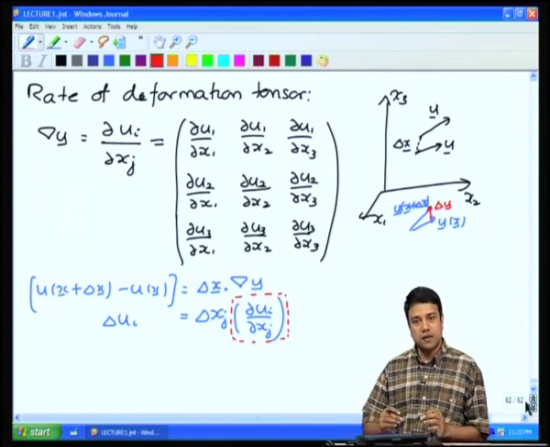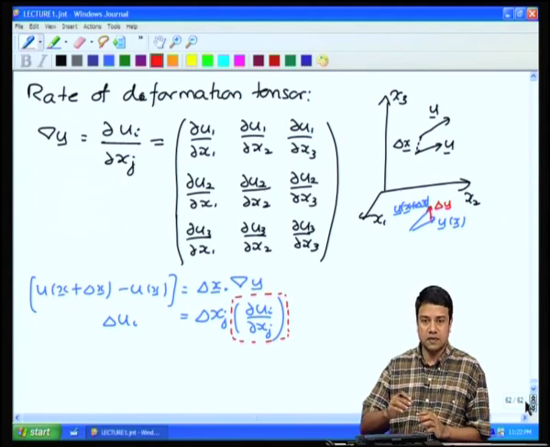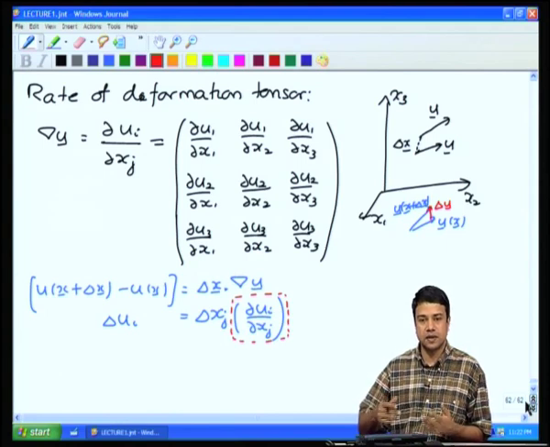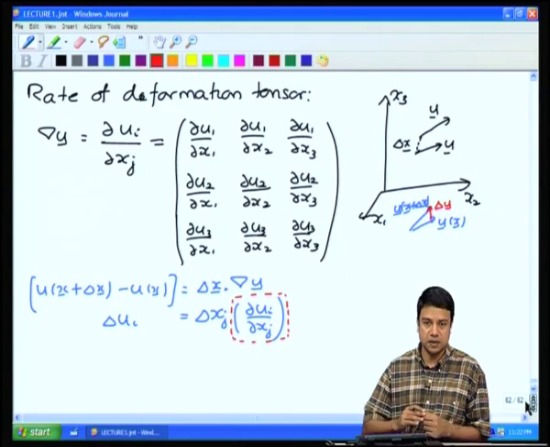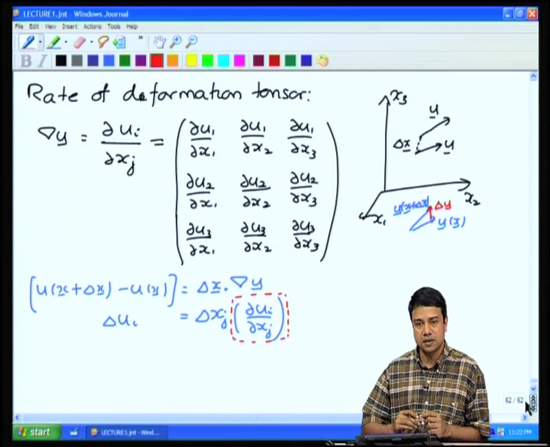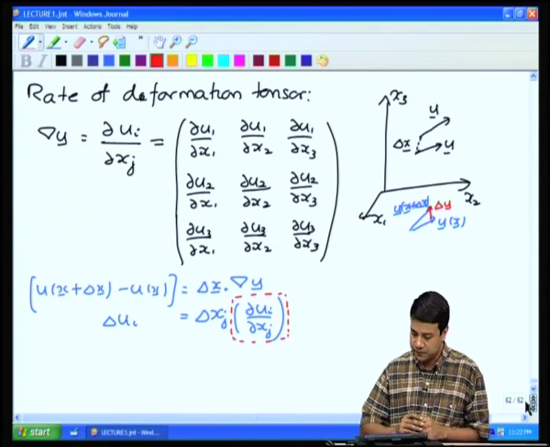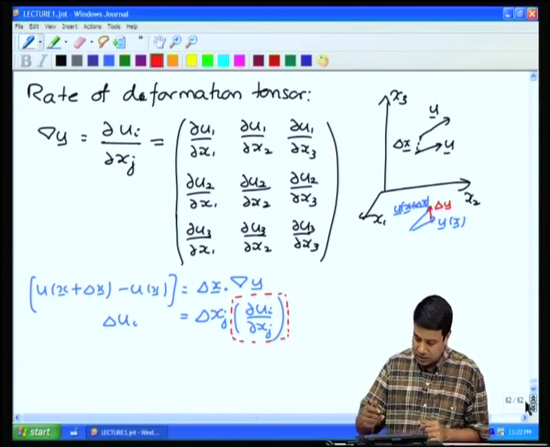If I am sitting at some particular location, I can always find out how much the velocity is changing as I go to nearby locations. In a similar manner to the temperature gradient, it gives me the direction in which the temperature is changing. As you sit at one location and go to nearby locations, it tells you how the temperature is changing.